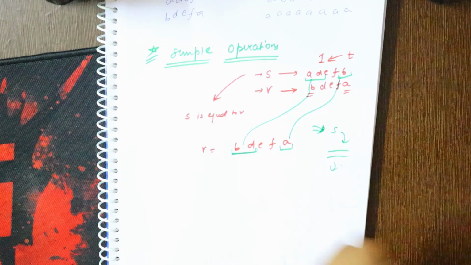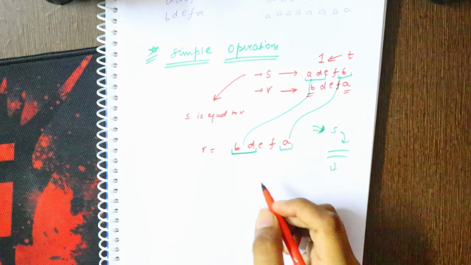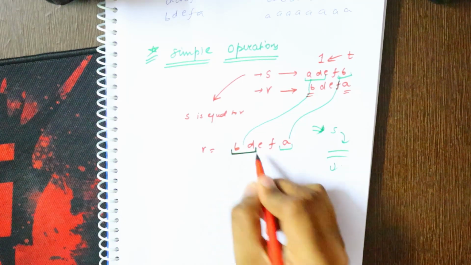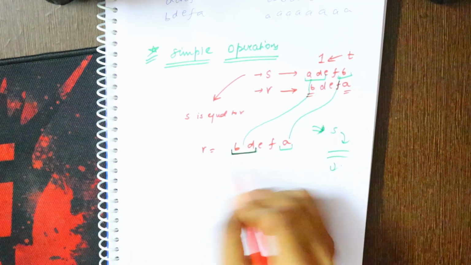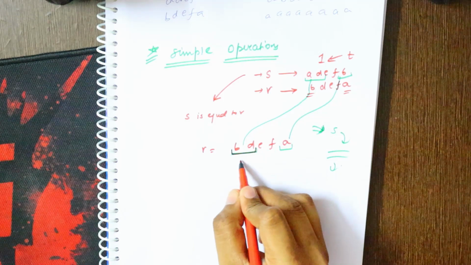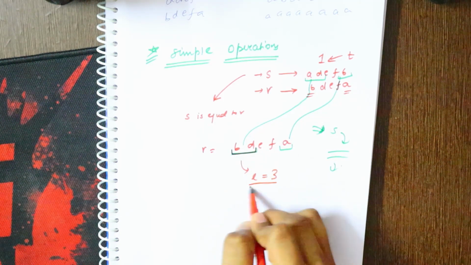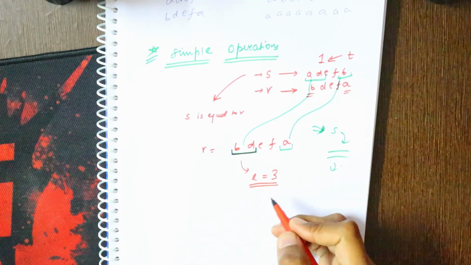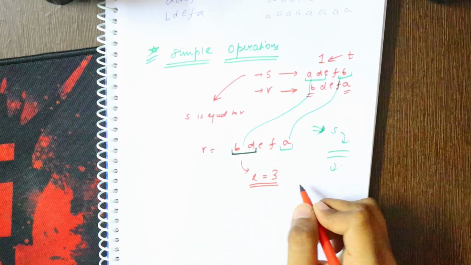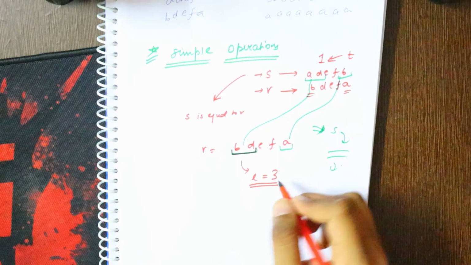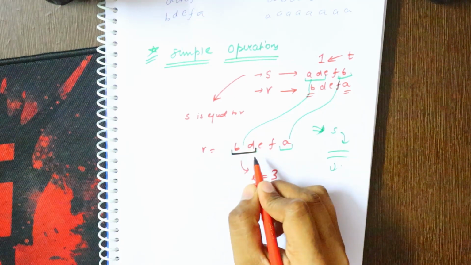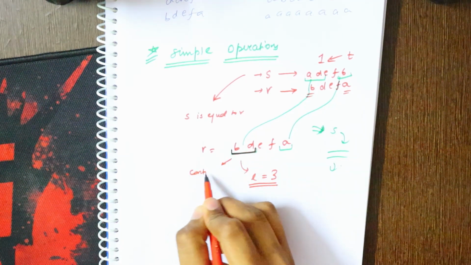The other thing we need is this: suppose all the elements which are being swapped in total are L. Here it is 1, 2 and 3. In one step, you can swap a continuous range.